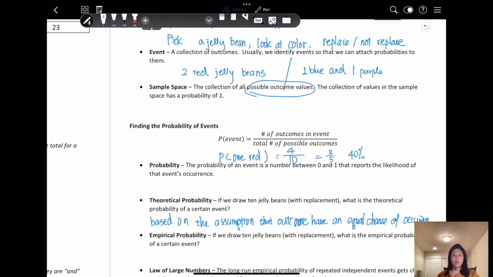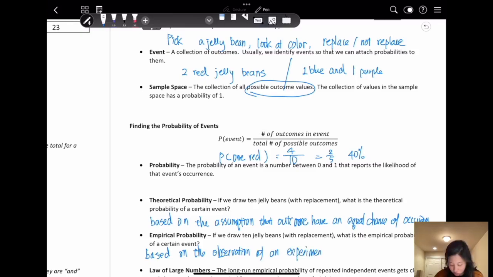So, for example, when you flip a coin, there's a 50% chance that you will get tails up, and another 50% that you will get heads up. Empirical probability is based on the observation of an experiment.